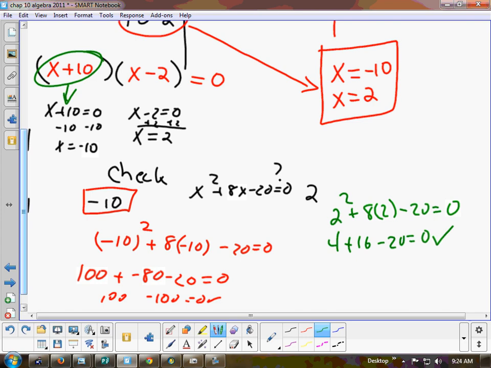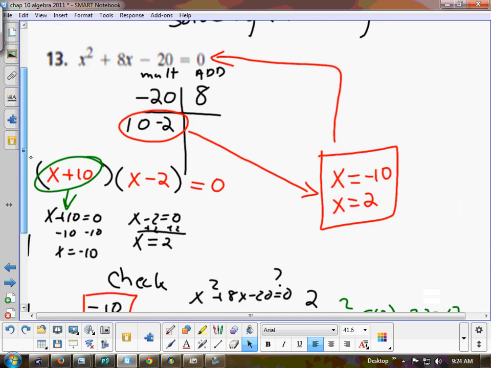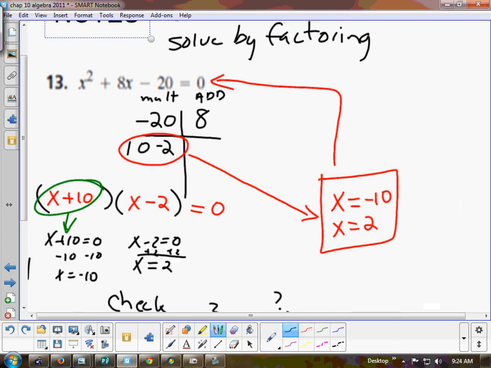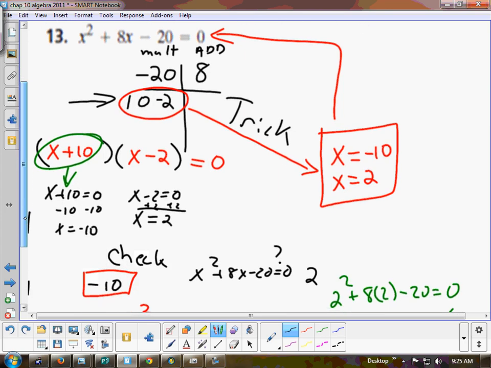Yes, Joe? I thought your original x value was positive and negative. This right here, you mean? Yeah. This is just the means to get the answer. Then why just switch negative? Because that's the trick. What you're thinking along this line, Joe, is that this factors to this.